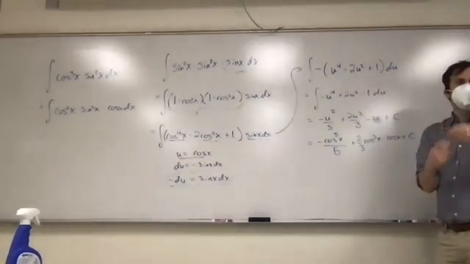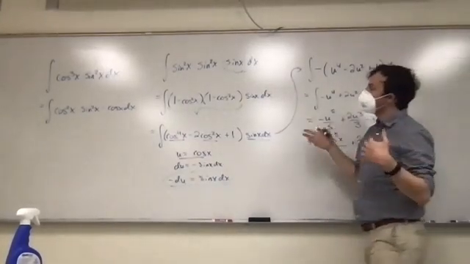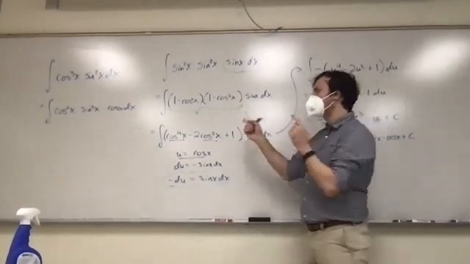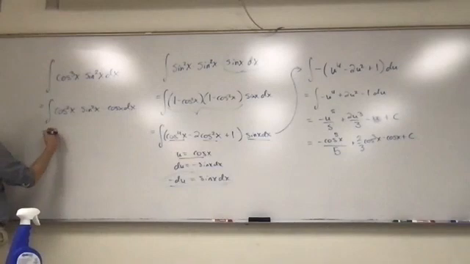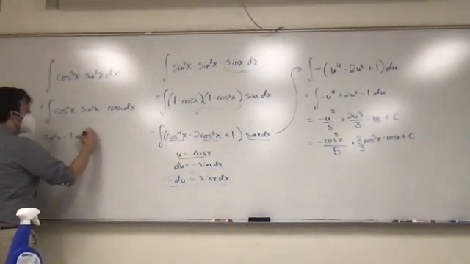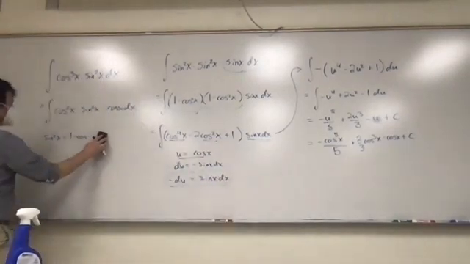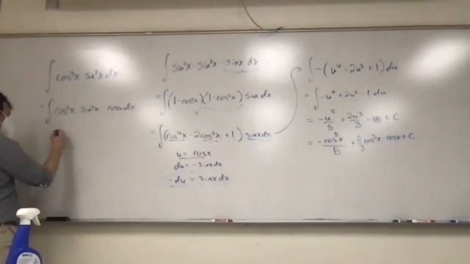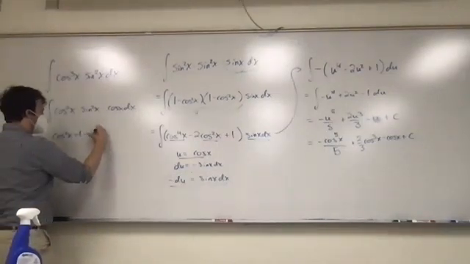Usually it's the thing with the odd number of powers. Right. So our trig identity, in this case, the one we're going to use is sine squared is 1 minus cosine. Nope, that's the wrong one. Cosine squared is 1 minus sine squared x.